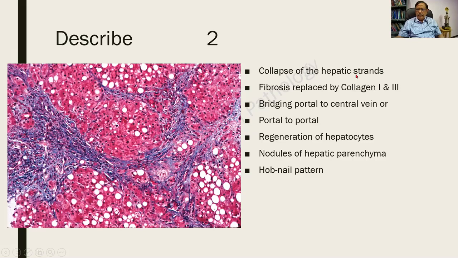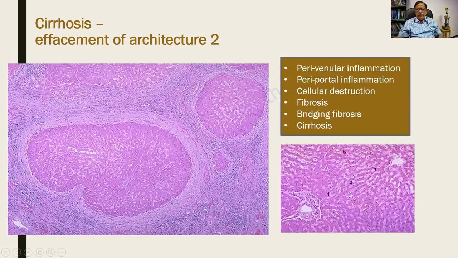There is a collapse of the hepatic strands. The fibrosis is replaced by collagen types 1 and 3, and it is bridging from portal to central or portal to portal. And there is a regeneration of the hepatocytes. The liver is one tissue that is capable of immense regeneration, and therefore it multiplies, producing a nodular pattern and a hobnail pattern.